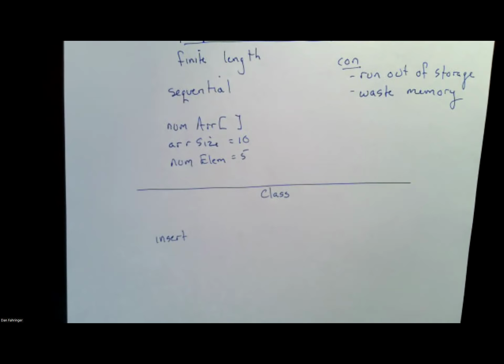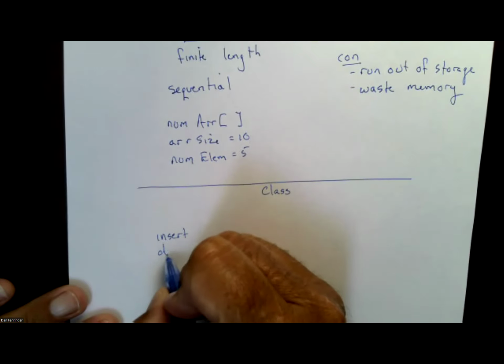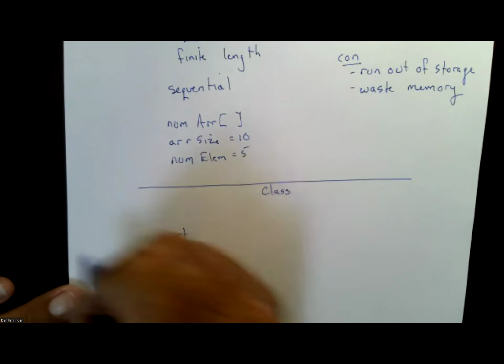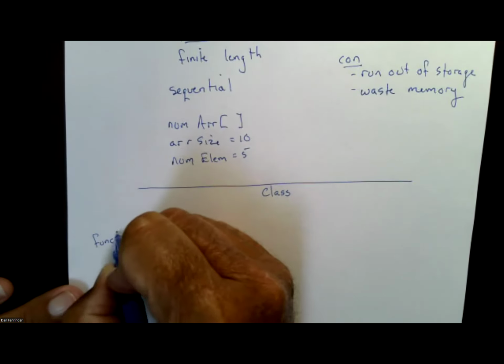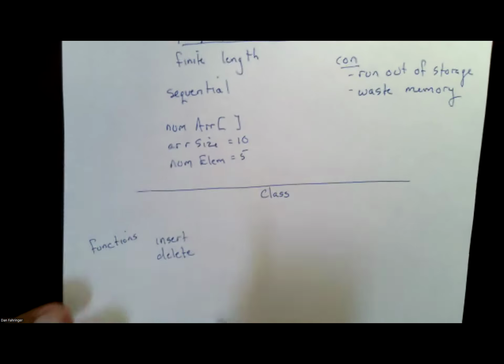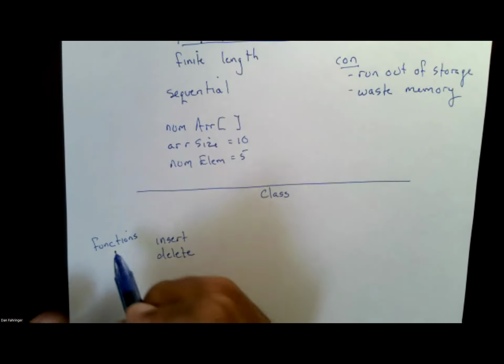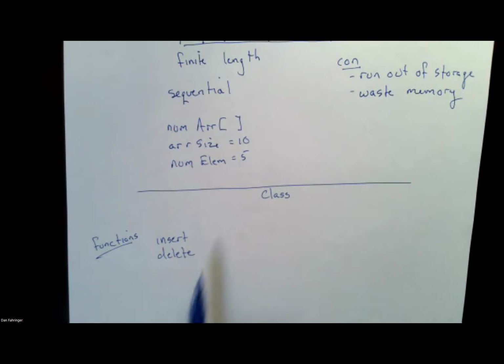Well, if I'm going to insert things, what else might I want to do? Delete things. Yeah, I might want to delete things. So in this class, a couple of functions would be ideas I need to start thinking about. If I'm going to insert, I'm going to delete.